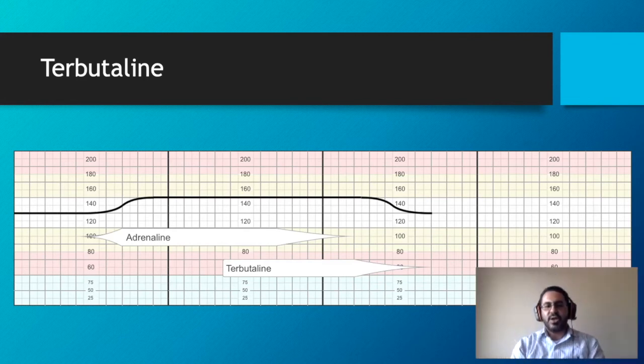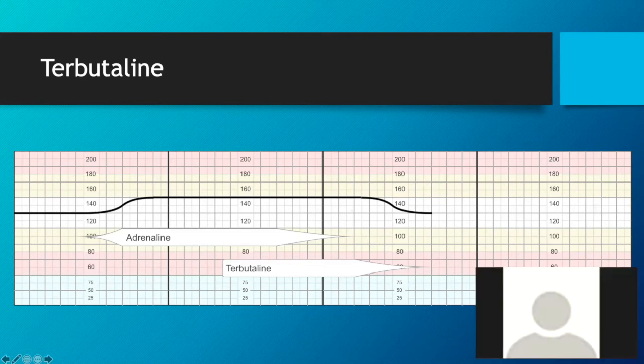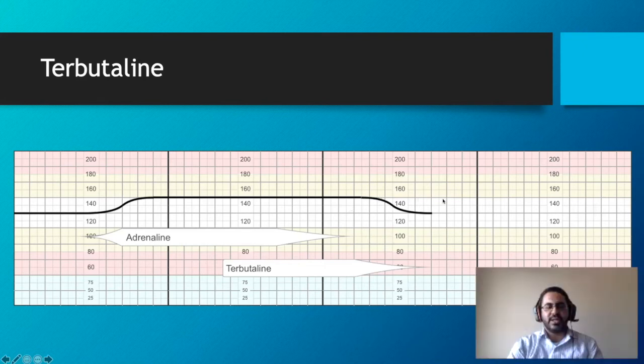But if you get adrenaline again, you will have another rise in baseline. So if by this point adrenaline is being released again, you'll notice that the baseline is now going up once again. If the terbutaline is wearing off and adrenaline is coming back, you'll notice that it's now going to persist and now it's going beyond the 2 hours.